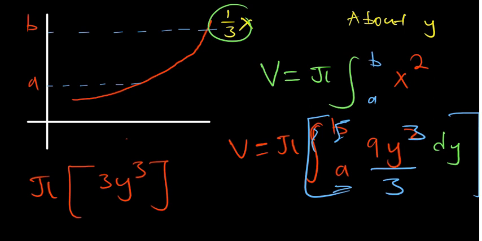Let's take the limits to be maybe 3 and 2. You just have to plug in 3 and 2 and then subtract. What you get is the volume formed of that solid when rotation occurs about the y-axis.